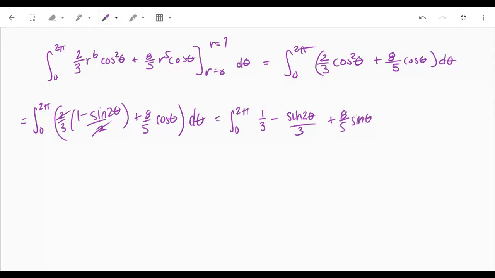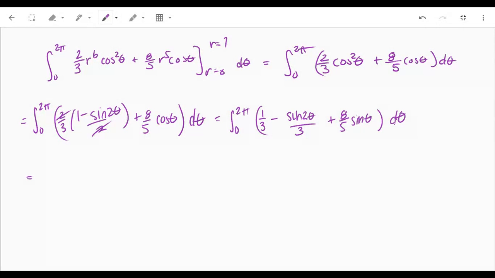Okay. I'm remembering back to the video that I just did, and I must have made a mistake in that other video. I had 2 sine 2 theta. Okay, but it is supposed to be 2/3. Yep, that's right. If it doesn't work out, I'll check.